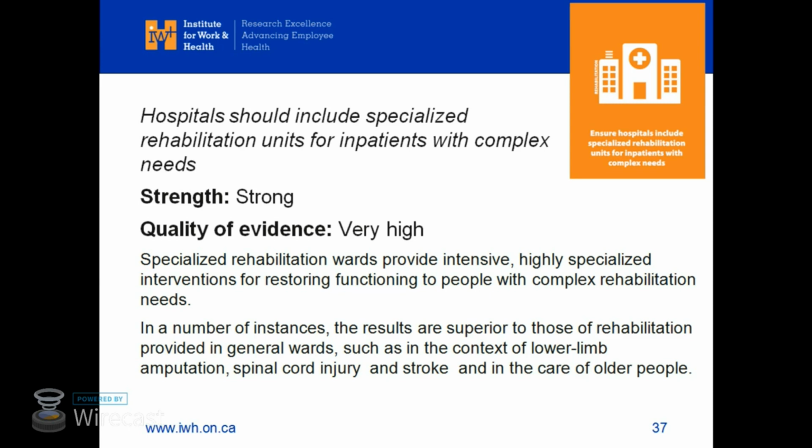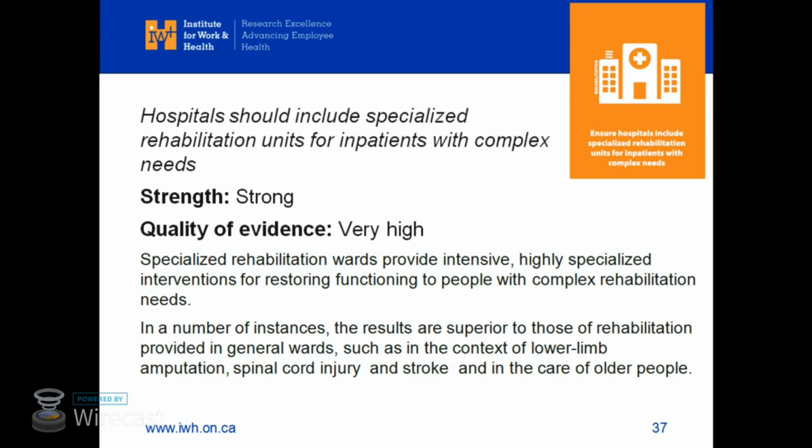So the recommendation is very long, and they talk about what the complex rehabilitation needs are, how you identify, how you measure if this is a really complex rehabilitation need or not. How do you decide if someone is more complex than the other person? Because you have limited capacity. Even in Ontario, not everybody with stroke will go to those inpatient rehabilitation services.